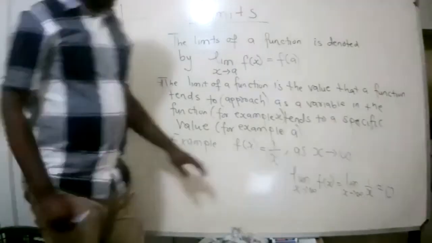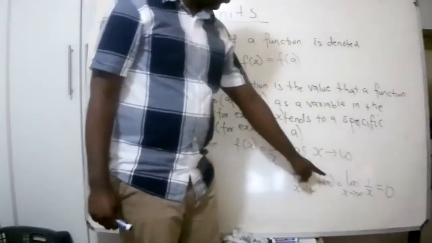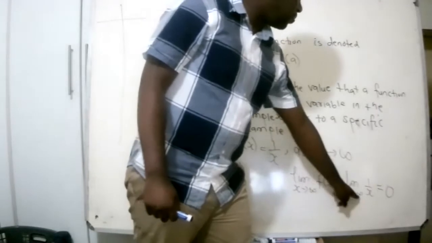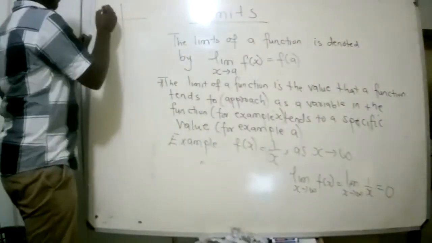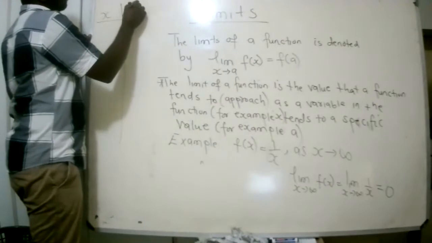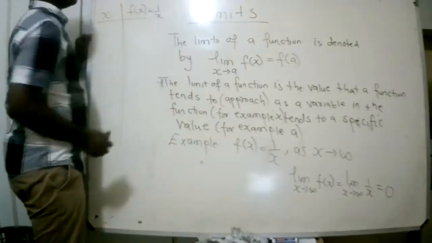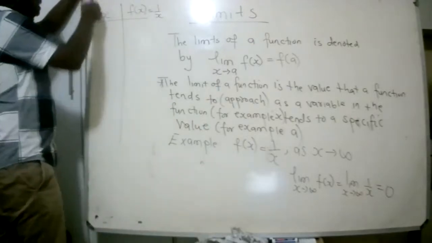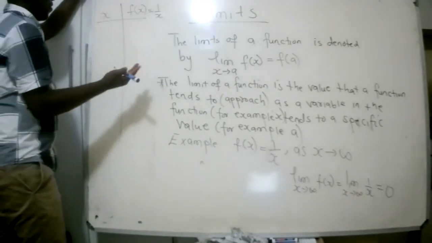Now on this side, I'm drawing a table which will help us to see that indeed when x approaches infinity, the value of the function f of x will be equal to 0. So let's investigate that by having the values of x here and the values of f of x there, where f of x is equal to 1 over x. We can choose the independent variable x here. You can choose whichever values you like.